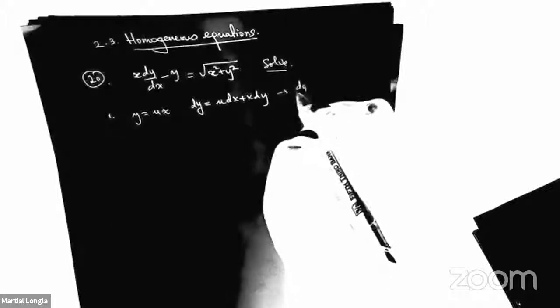Or you can write that as dy over dx is u plus x du over dx. So when necessary, you can turn this equation into that. In this case, you can do that because you have dy over dx, so you can replace it by that.